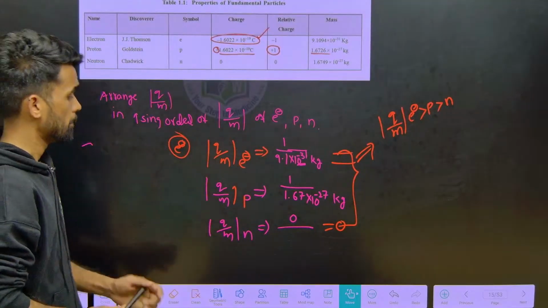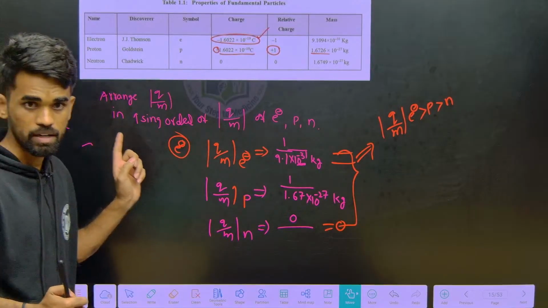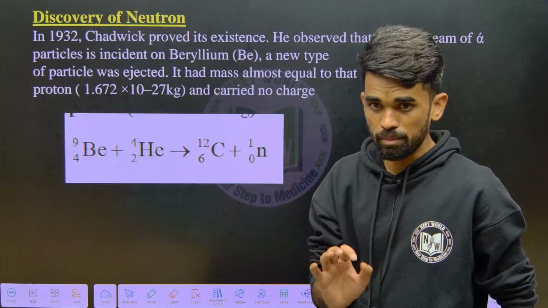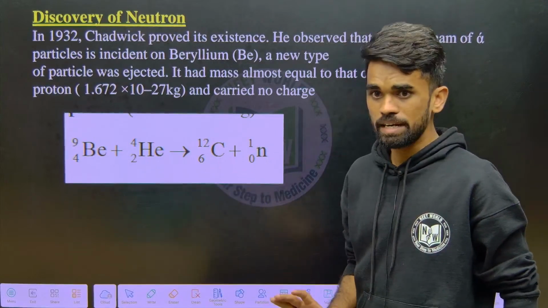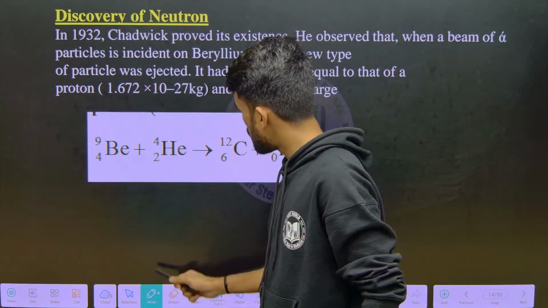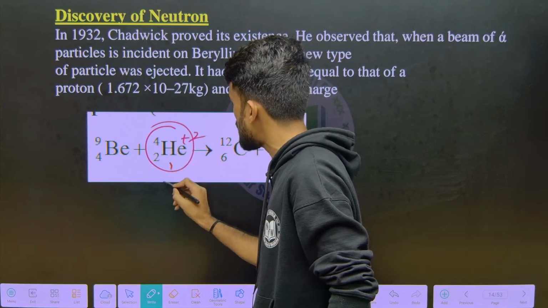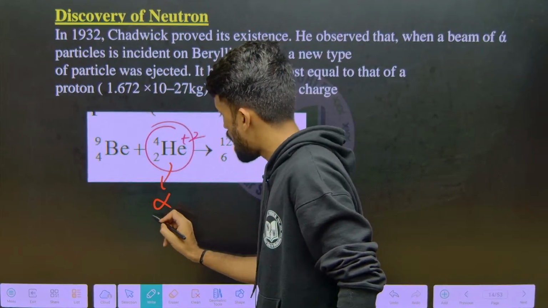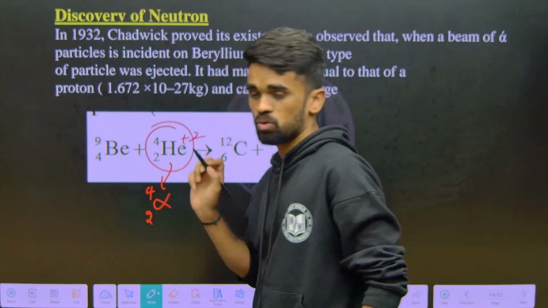Clear? Now, who discovered the neutron? I told you, Chadwick. So now just look at this. They may ask you what is the reaction involved in the discovery of the neutron? It is a radioactive reaction. When a beryllium atom is bombarded with helium nuclei, what is this helium nucleus? I can say this is an alpha particle. The alpha particle has 2 protons and a mass number of 4.